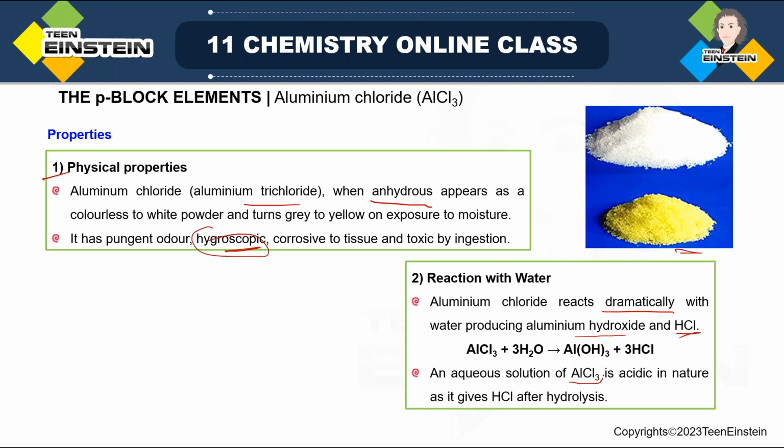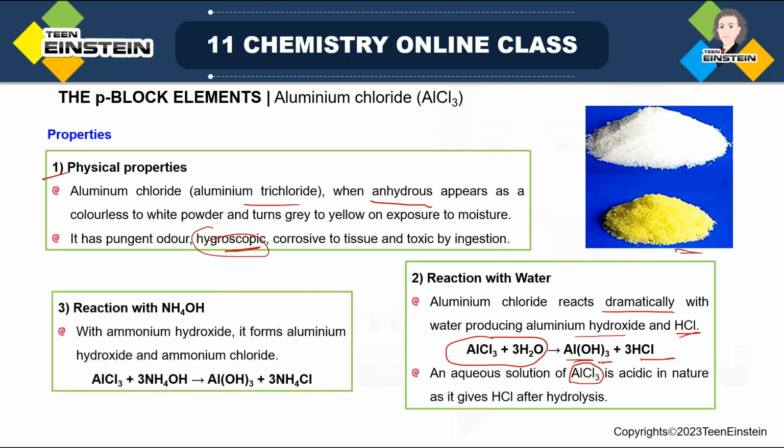Now aqueous solution of AlCl3 is acidic in nature, because in this hydrolysis reaction, in the product side there is formation of hydrochloric acid. Though you can say it should have some basic nature, remember this acid is so strong that the basic nature of Al(OH)3 is not significant, HCl is predominating. So ultimately the aqueous solution of AlCl3 has some acidic nature, because of the presence of hydrochloric acid.